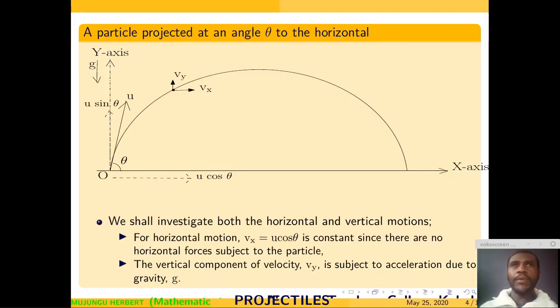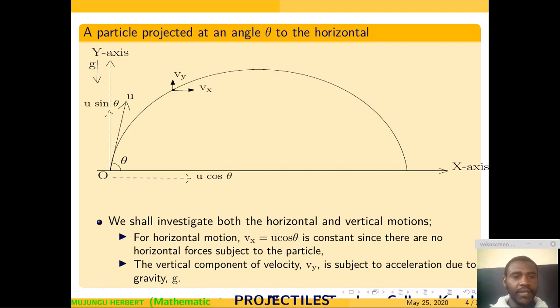So we are going to discuss the motion of the projectile. And we shall consider a projectile which is projected at an angle theta with an initial speed u, that's to the horizontal.